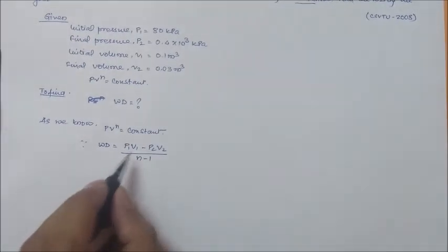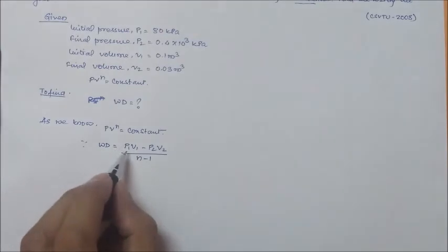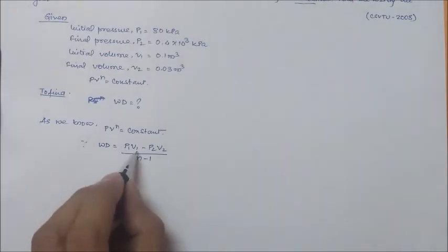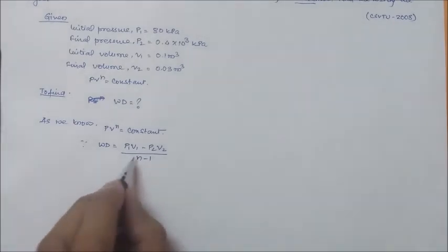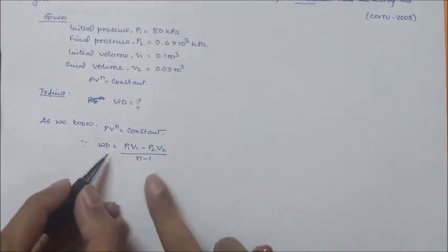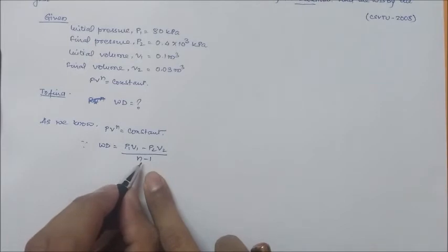And now see, we know P1 V1, we know P2 V2. The only unknown is n, so we have to find out n.